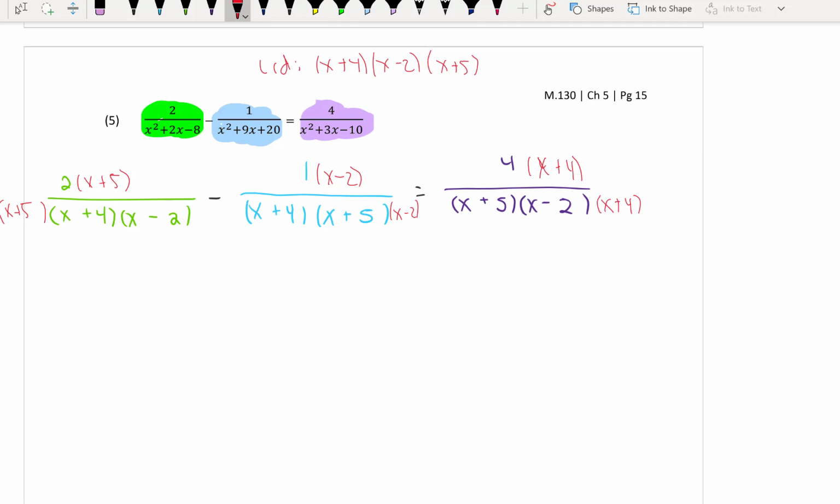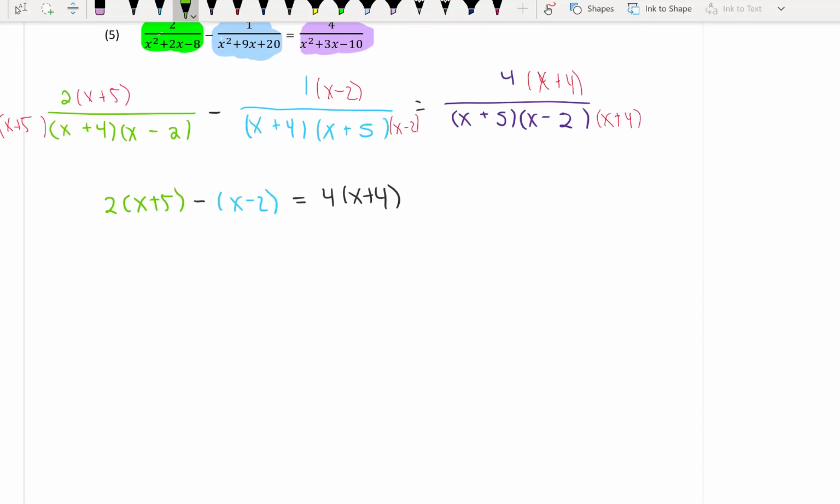Now I can just concentrate on my numerators. So I have a 2 times an x plus 5 minus my x minus 2 equal to my 4 times x plus 4.